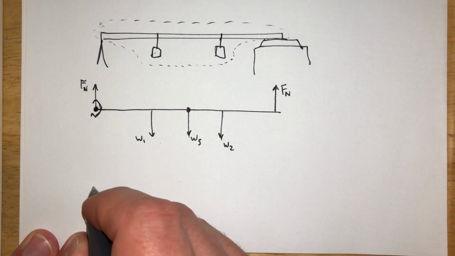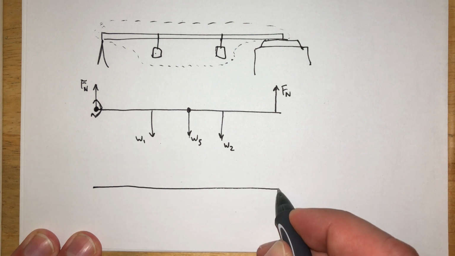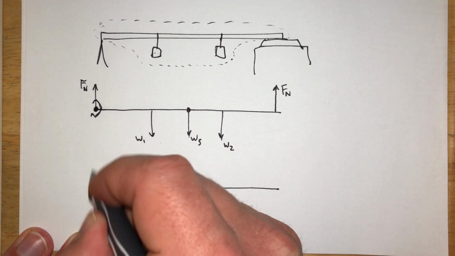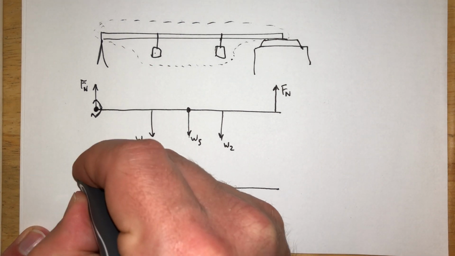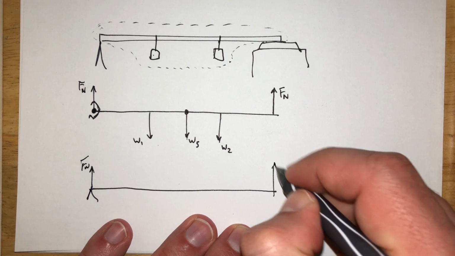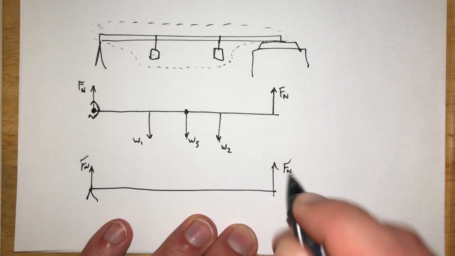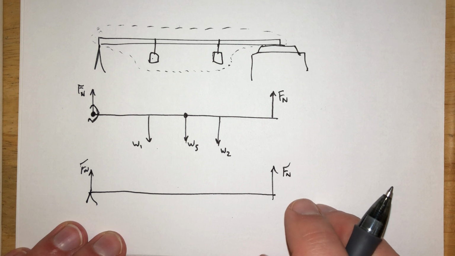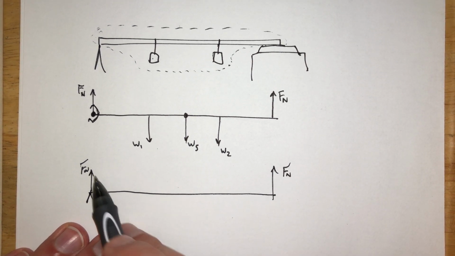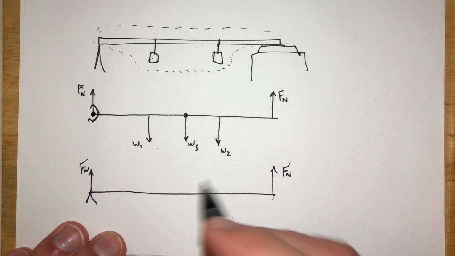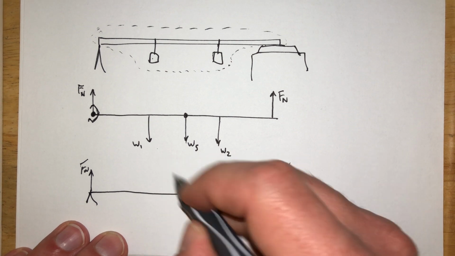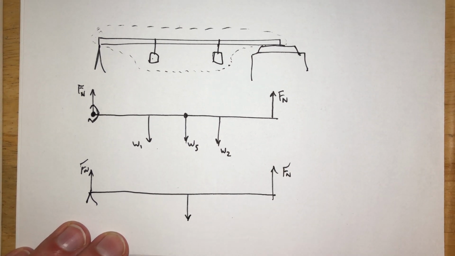So we've got the same setup here. We've got the object, the system in question. There's a fulcrum holding up one end with a normal force acting there, and there's the scale holding up the other end. The only force that can balance these two, cancel it so that it's in equilibrium, is the weight of the system itself, which we know acts at the center of mass of the system.